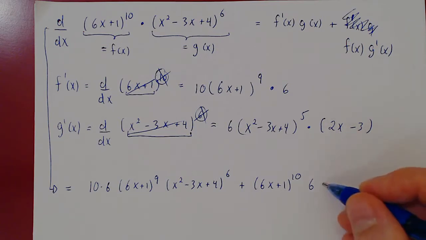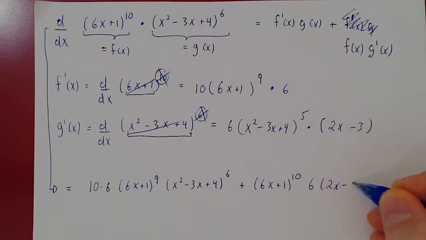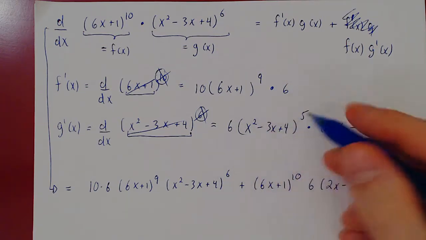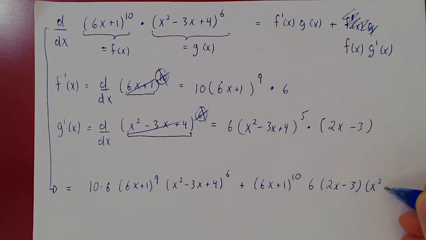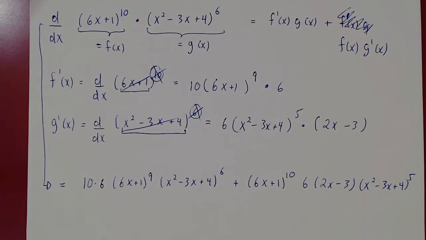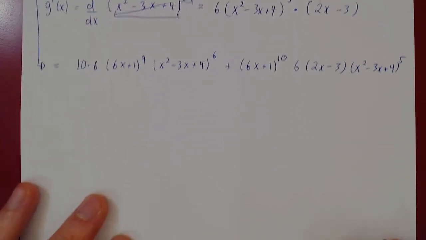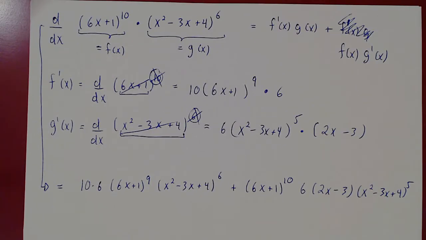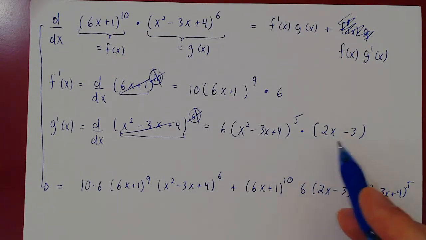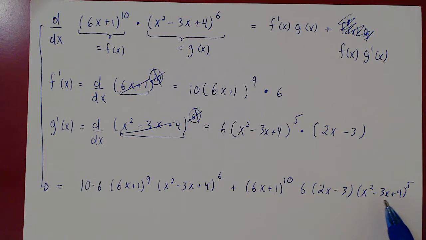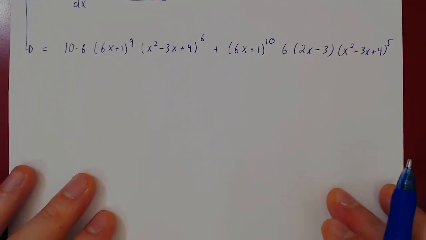I'll put this term first, times 2x minus 3, times the 5th power of our quadratic, x squared minus 3x plus 4 to the 5th power. And now here we have a sum of two terms. Let's go up, right? G prime, 6 times 2x minus 3 times x squared minus 3x plus 4 to the 5th power. And now we're done with the differentiation.